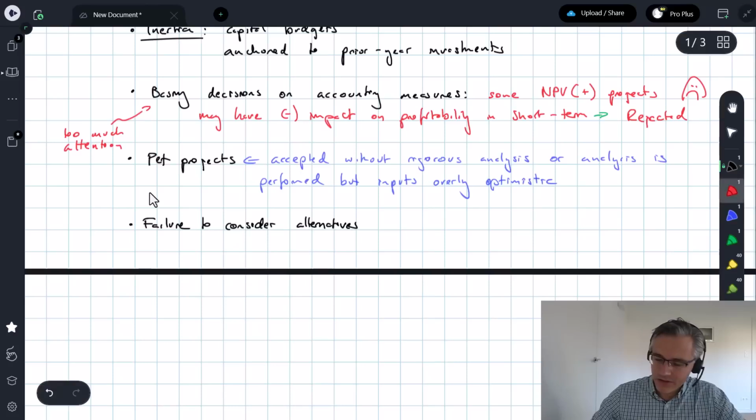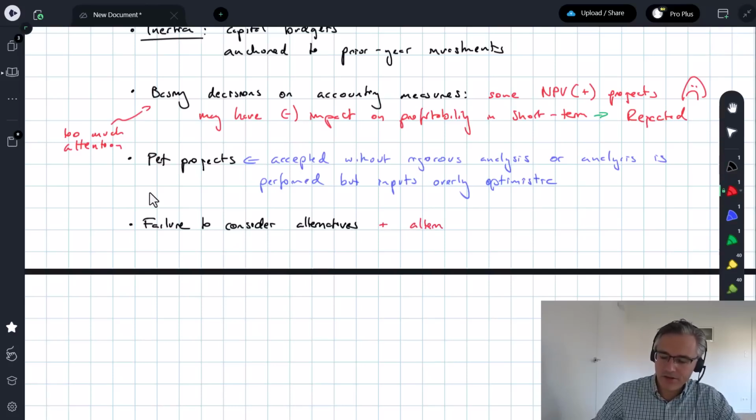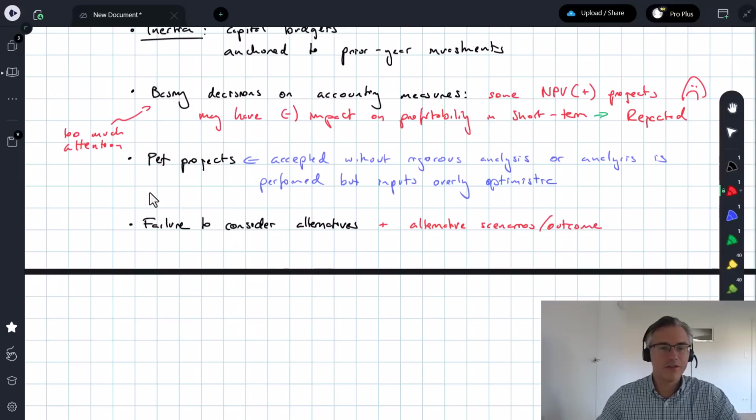But also not just ideas, also consider alternative scenarios. Don't think that only one typically positive outcome or scenario is going to be true. Have alternative scenarios for different eventualities when you do your NPV computation, and weigh them by probabilities, and then see whether the project really makes sense on that scenario probability-weighted basis.